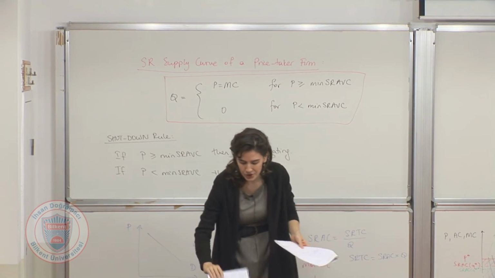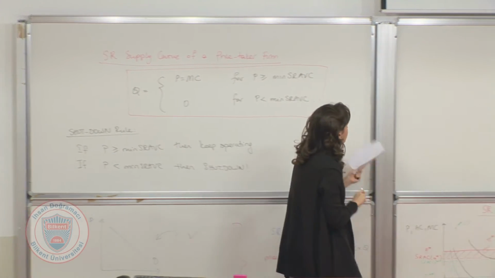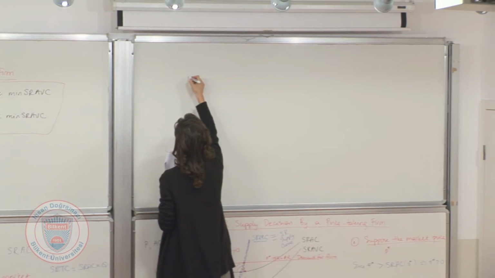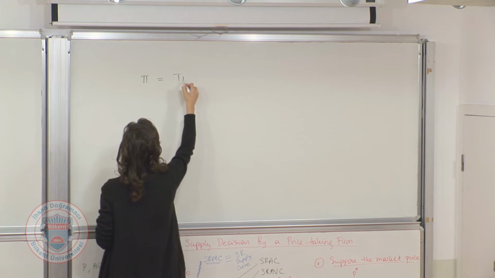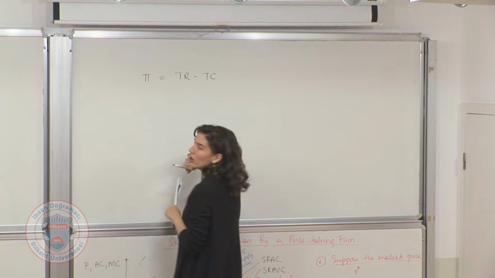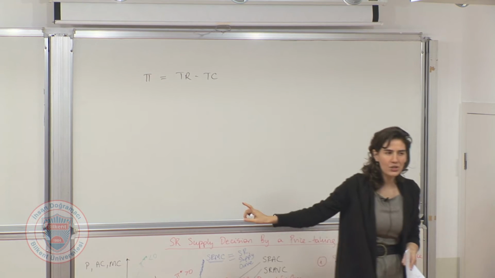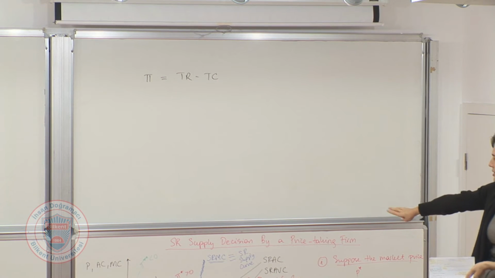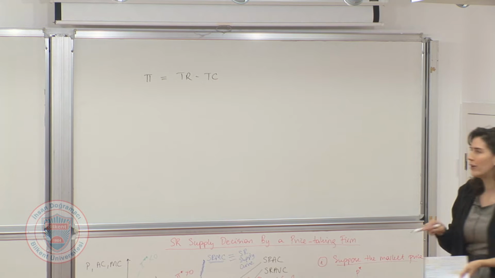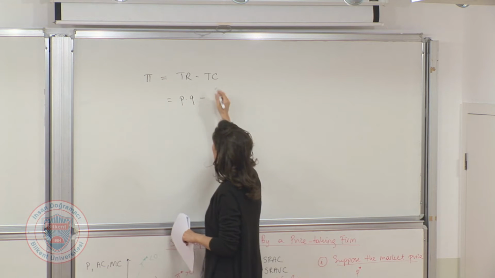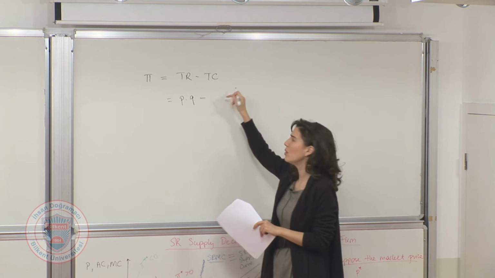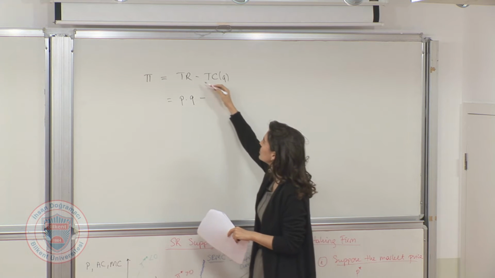So remember the profit maximization problem, what was it? Profit was equal to total revenue minus total cost, right? Suppose it's for a price-taking firm. So this is going to be P times Q minus total cost, right? These are all functions of Q.